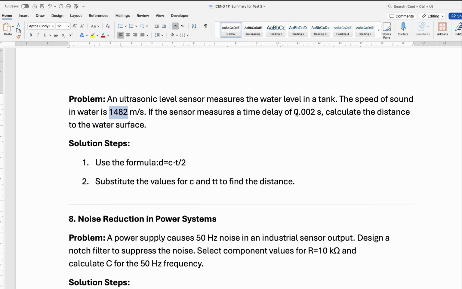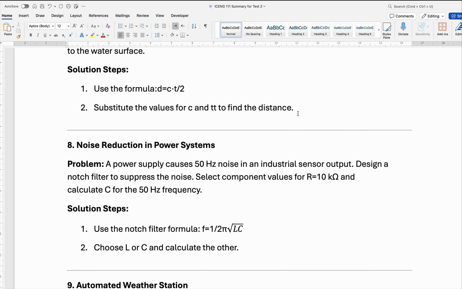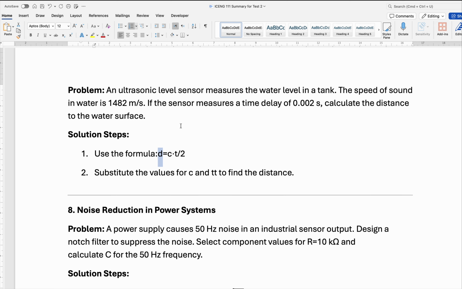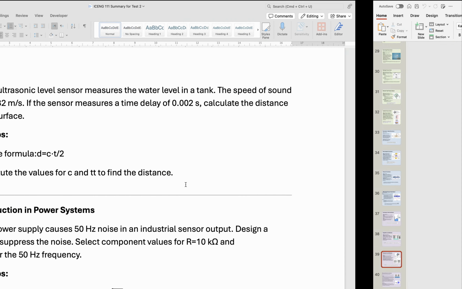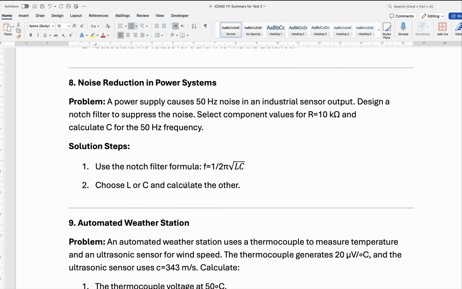Yes, we have the value of T. So if we have the values of T and C, we just substitute to find D. And what is D? D is the distance to the target, which is the level in this case. Last time I told you, it measures the distance of going and coming back, and that's why we multiply by 0.5 to identify the distance of going only.